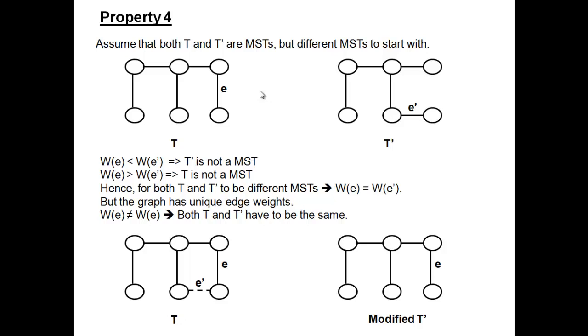If there is more than one minimal spanning tree for that graph, then there should be some edge pair like this, E and E prime, E in T not in T prime, likewise E prime in T prime and not in T, such that the weight of E has to be equal to the weight of E prime, which cannot be the case if the graph has unique edge weights, right? So this goes on to prove that if no two edges in a graph have the same weight, then the graph can have only one minimum spanning tree. Okay, so we'll stop with this.